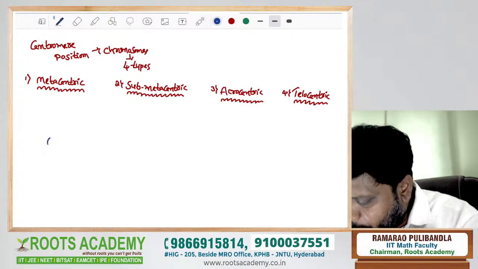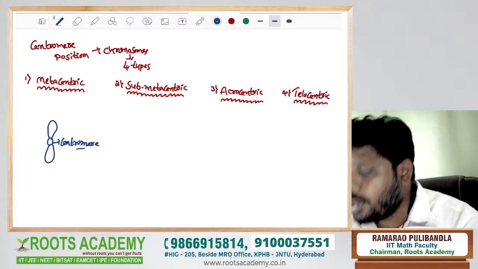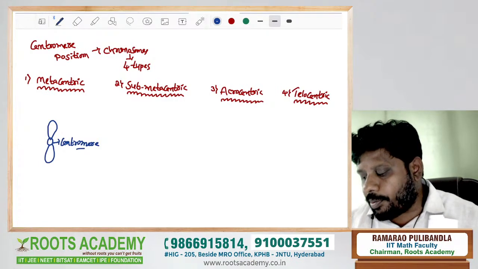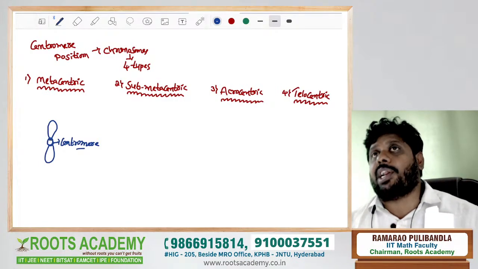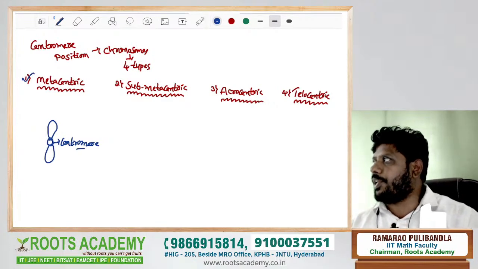Metacentric, sir, meta means center. See, the centromere is present in the center of the chromosome. This is the centromere. The centromere is also called the primary constriction, correct? See, chromosomes in which the centromere is present in the center are called metacentric.